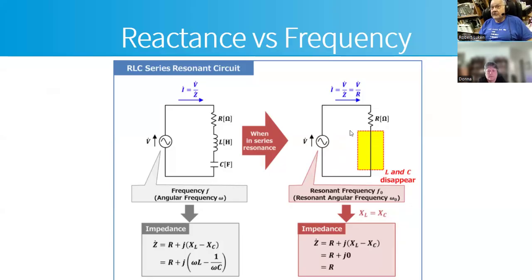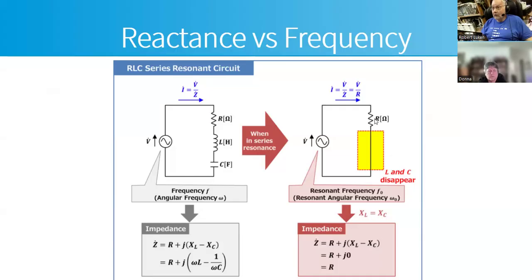And in the case of the series circuit, when we're at some frequency below resonance, you're going to have R plus some effective X value. So it's going to be a high impedance. As you approach resonance, it becomes lower and lower until it's equal to whatever R is.